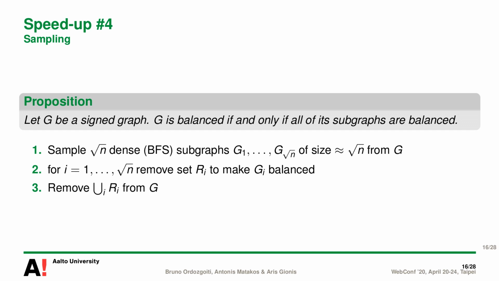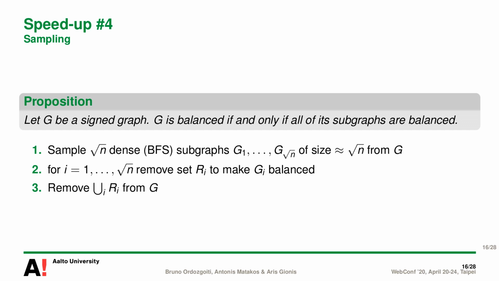This is useful to us because this means that we can sample a large number of subgraphs randomly and make those balanced. Then we can look at the union of all the vertices that have been removed in this process from these subgraphs and remove those from the full graph.